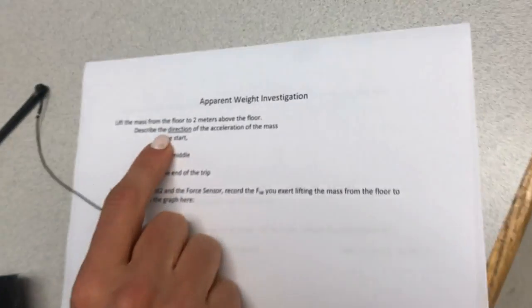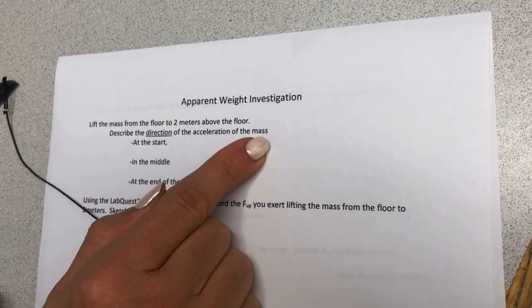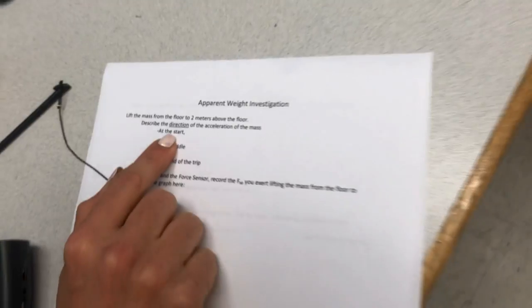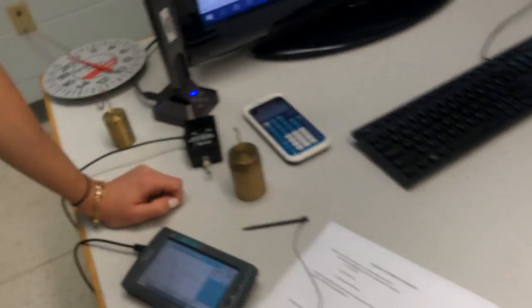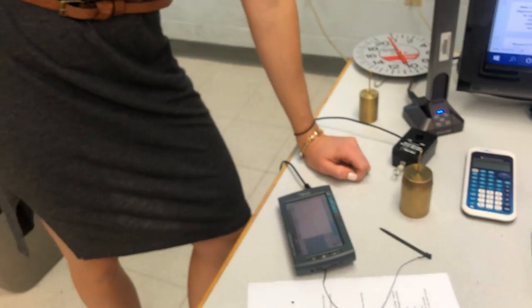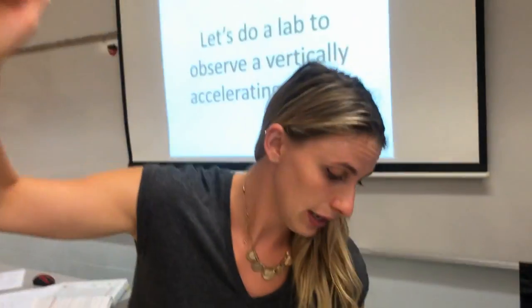Describe the direction of the acceleration of the mass at the start when it was on the floor, in the middle, and at the end of the trip, way up here, 2 meters above the ground. So it was on the floor, it wasn't moving, and in the middle it was moving too, and at the top it had to come to a stop.